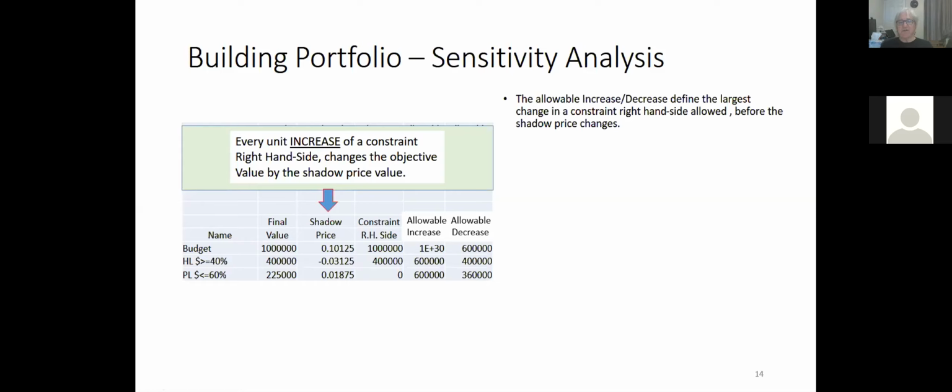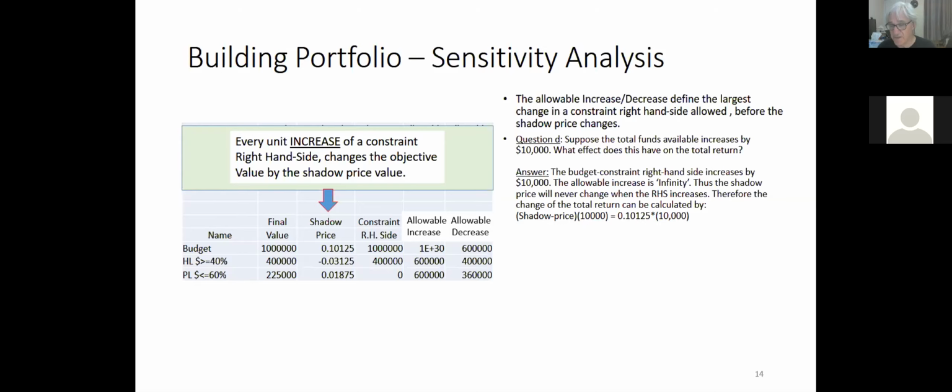As long as the right-hand side of a constraint, say 100 million here, is not increasing by more than the allowable increase and is not decreasing by more than the allowable decrease, the shadow price remains unchanged and therefore can be used. That's what the analysis is telling you here. And let's see an example or two.